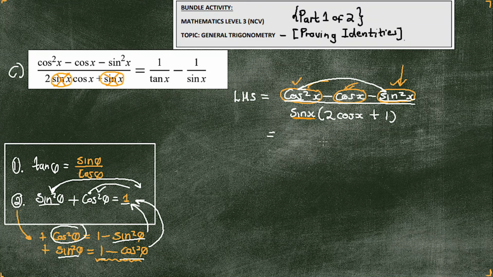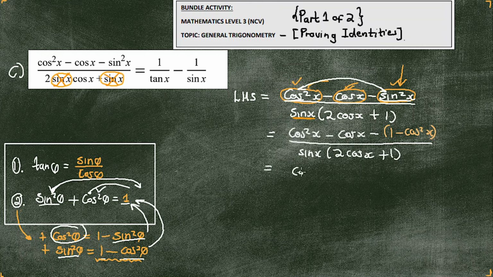So the cos squared remains, the cos x also remains, minus, now I'm going to open a bracket and substitute the identity for sine squared x, which is 1 minus cos squared x, close the bracket, and then you divide by sine x (2 cos x plus 1).